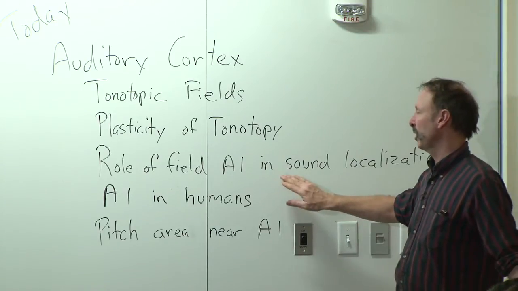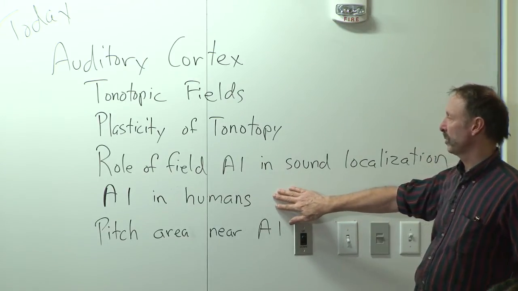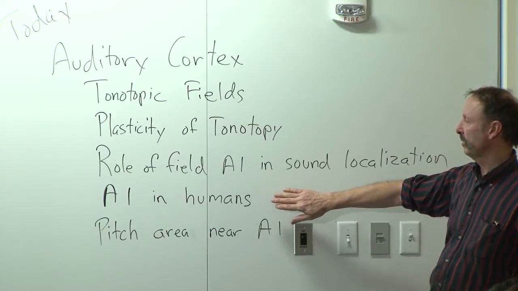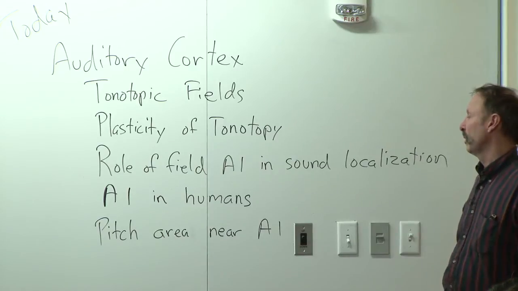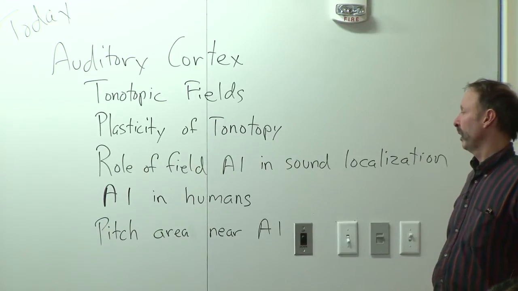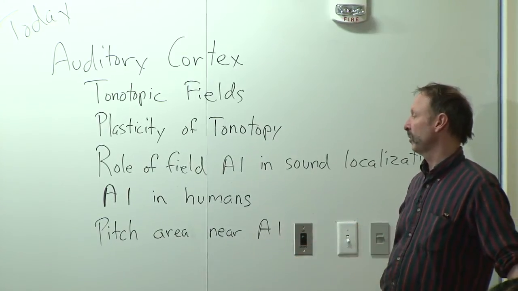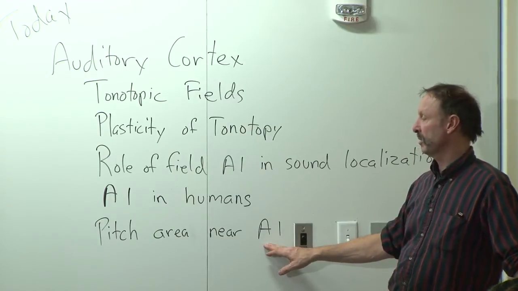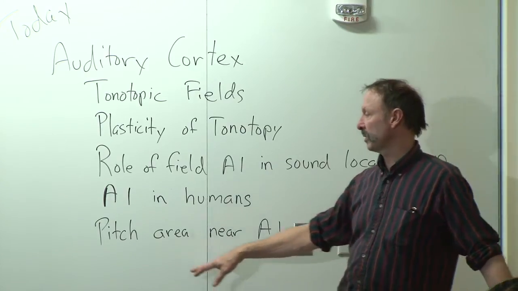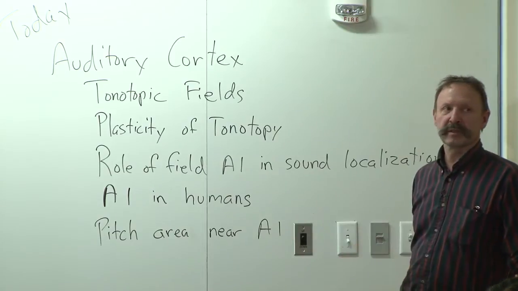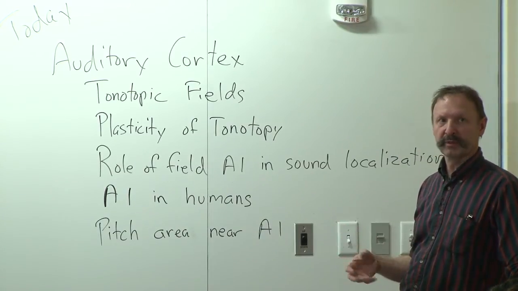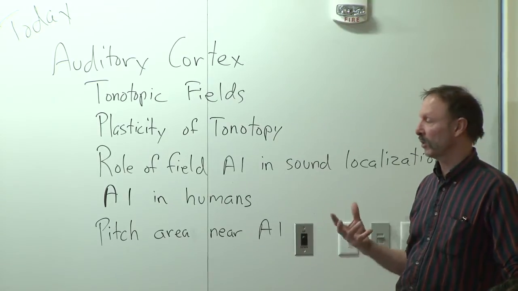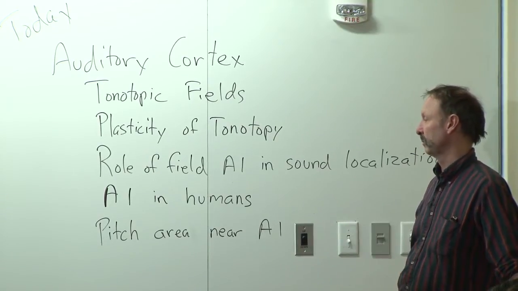Okay, so we'll talk about the evidence, how we test animals for sound localization. Then we'll talk about where A1 is in the human auditory cortex. And we'll talk finally about some very interesting imaging studies that have shown that there is a center that lights up in imaging studies when you present sounds with salient pitch, that is, very strong sensations of pitch.